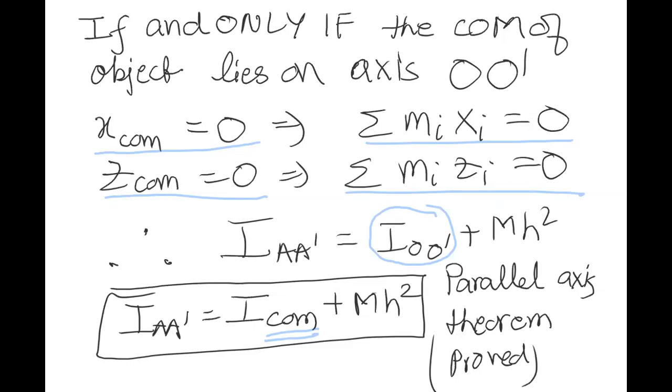But then it has no relation with I OO dash, no? So this can be any axis passing through the center of mass.